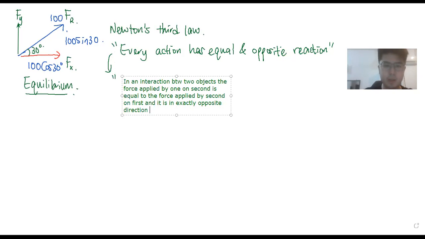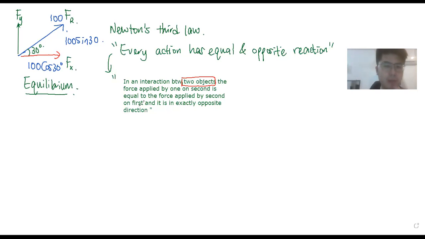This sentence makes it very clear that you need to have two objects, two bodies. When one body exerts a force on the second body, the second body will also exert the same force on the first body.